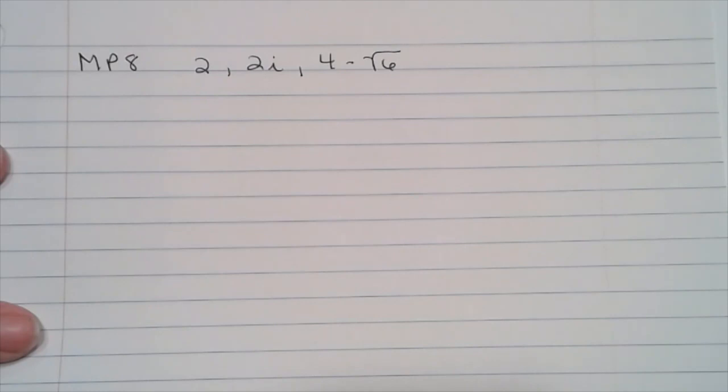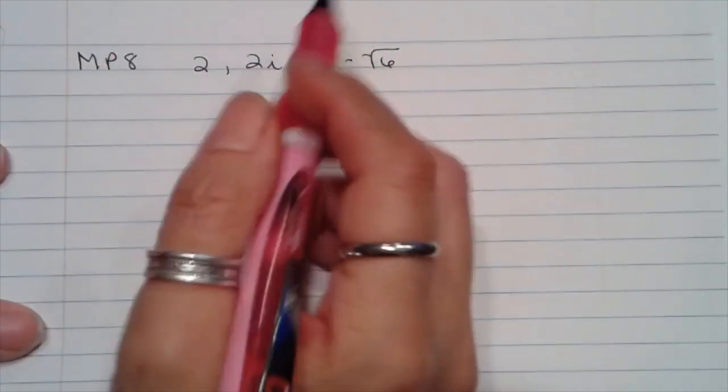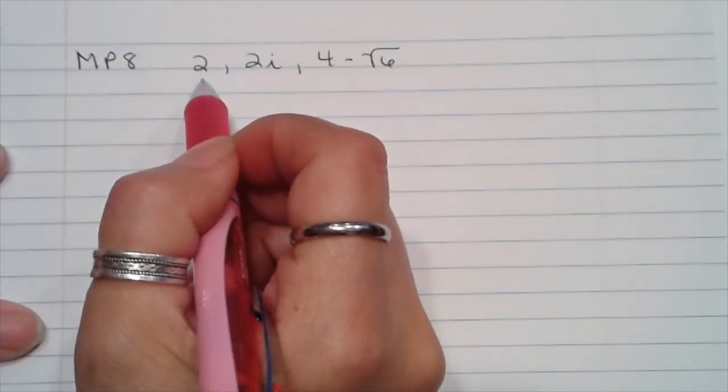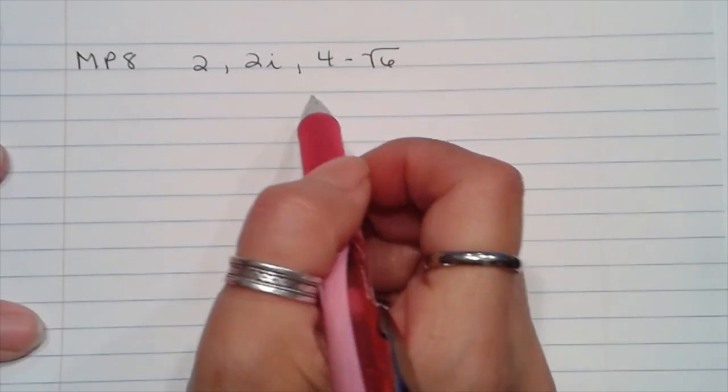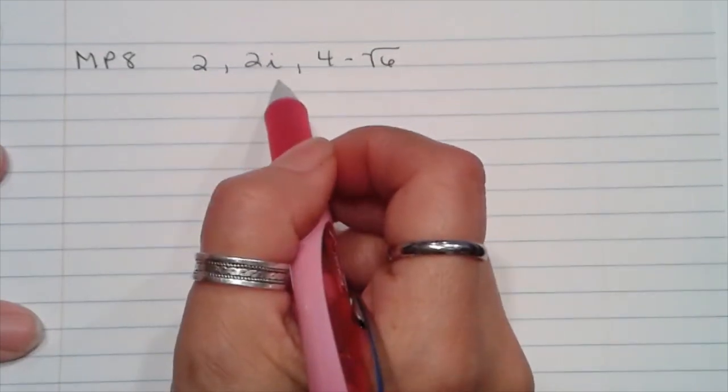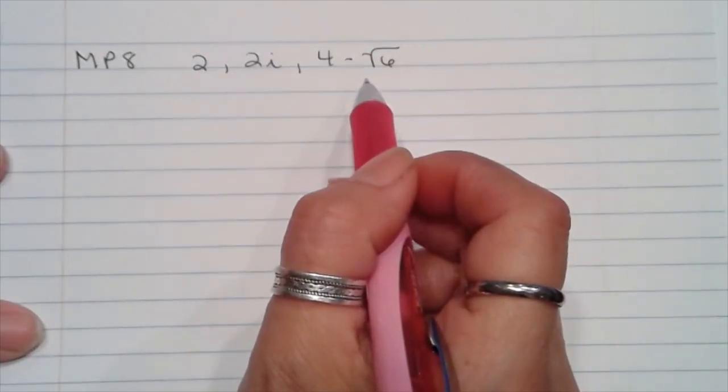So now we're going to do Monitoring Progress 8, and this one is a very long problem, and you have to pay attention to detail, so you're going to want to make sure to have enough paper, and you're probably going to want to pause the video, and then tomorrow in class you can ask me questions. So here we go. Monitoring Progress 8 has 3 roots, but if you notice, there's a complex number and there is an irrational number.